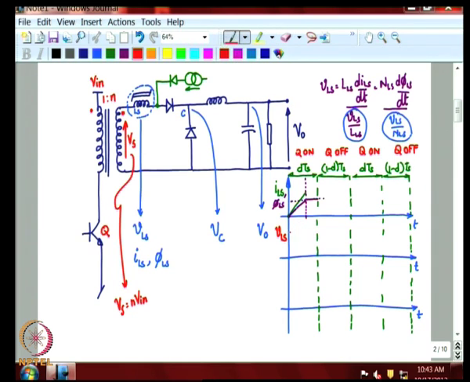Let us not clutter it up, let me just go up to this time, and at this point of time it goes to 0 because this diode conducts.